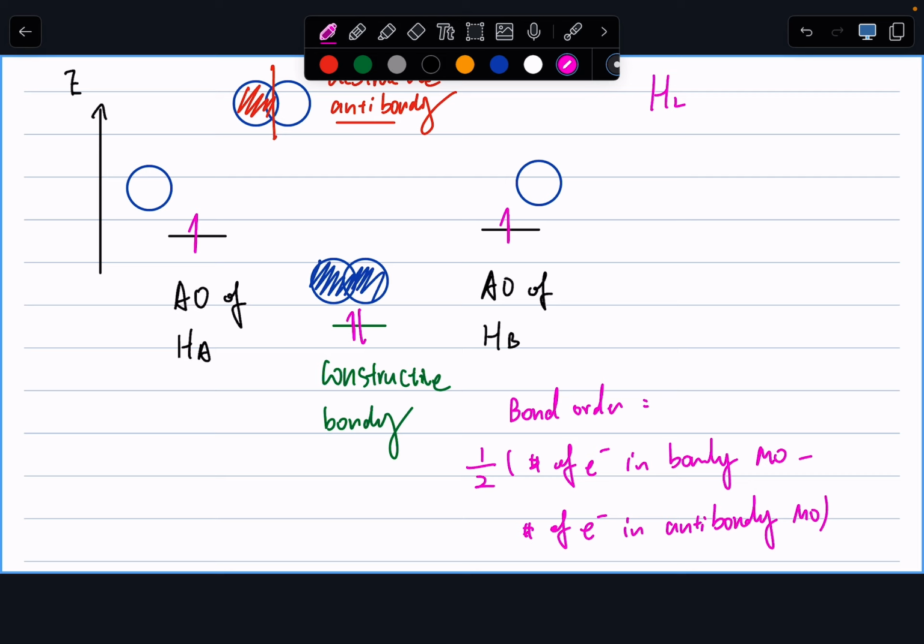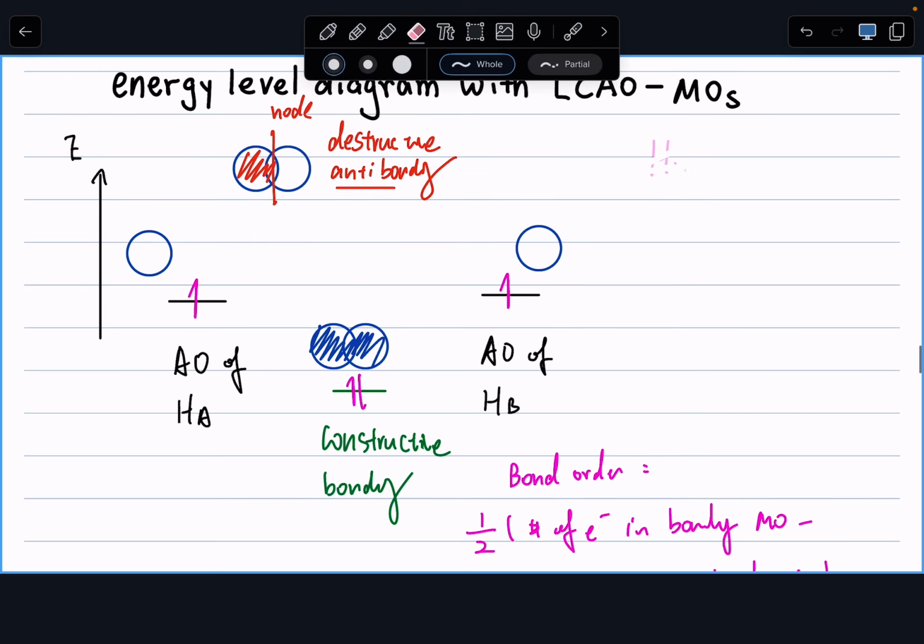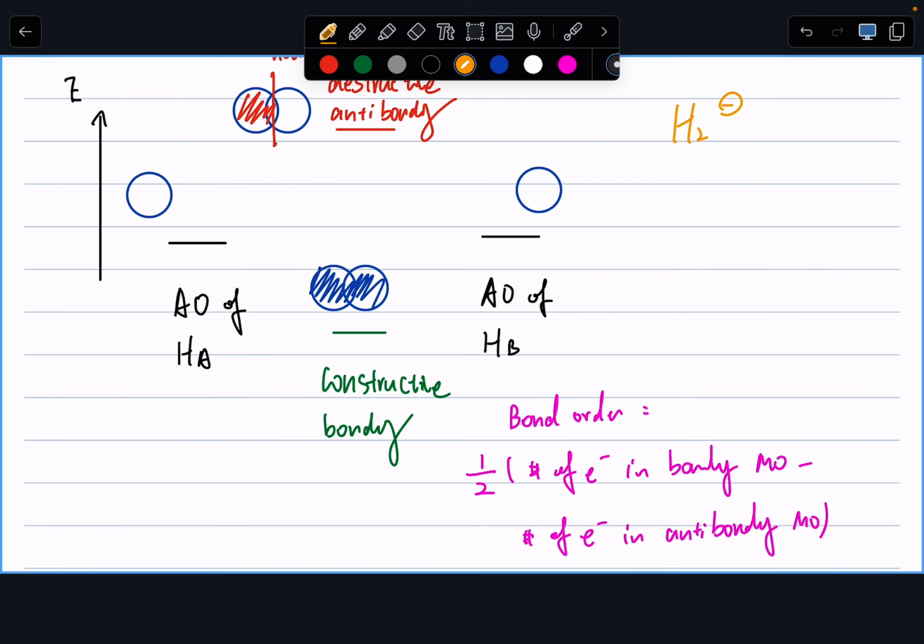All right. And let's take one more step. Now imagine, instead of H2, we're looking at a molecule, say H2 minus, meaning we have a total anionic charge, so one of my hydrogens will have 2 electrons in it. What is the bond order of my H2 minus using the correlation diagram?